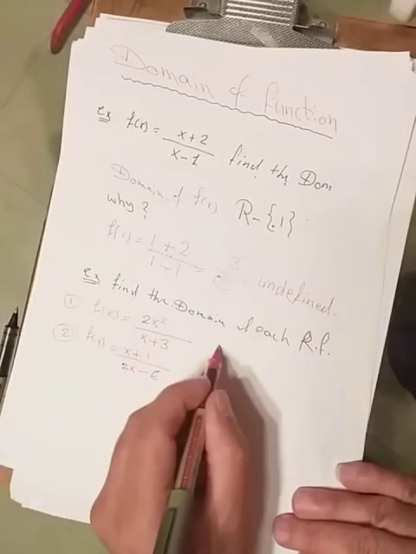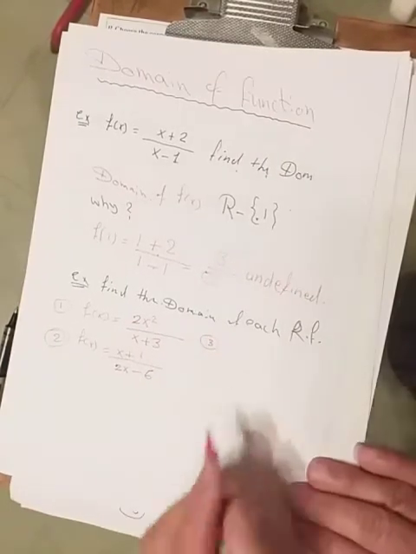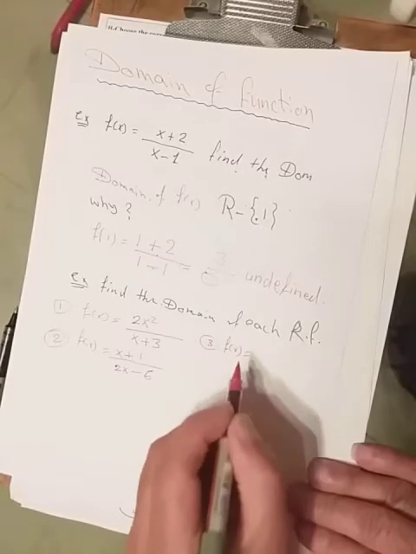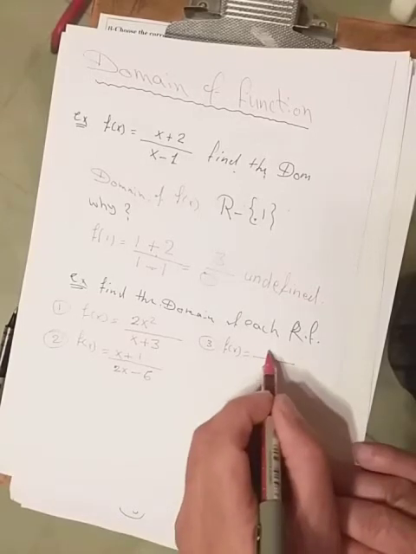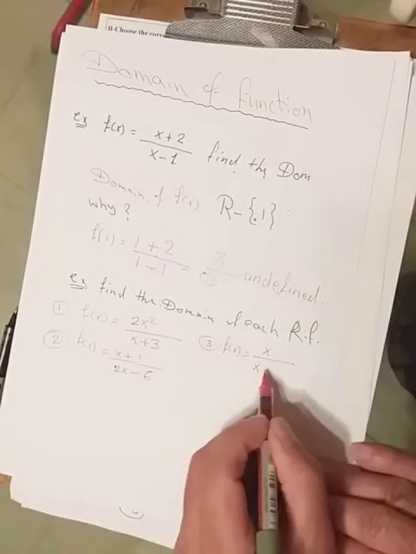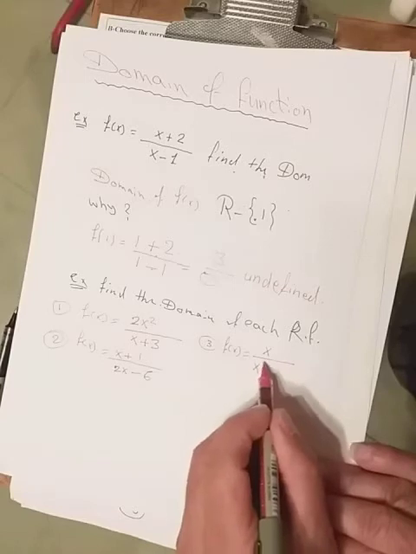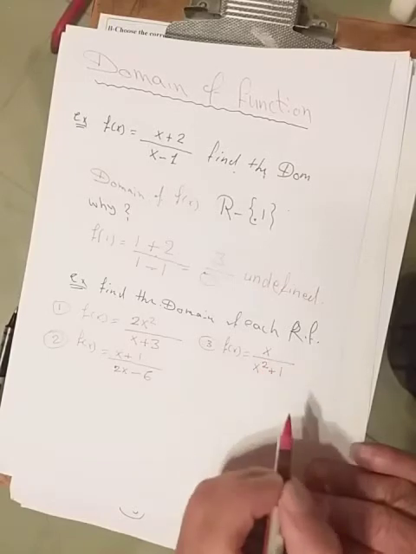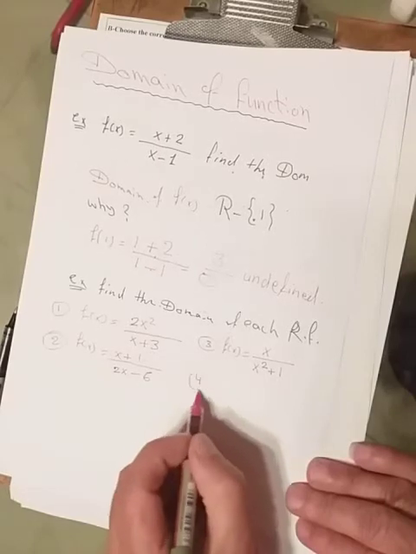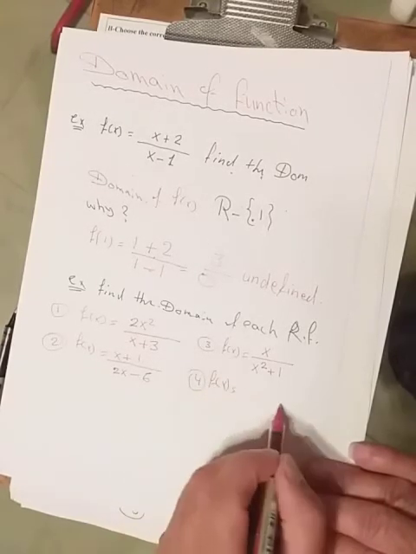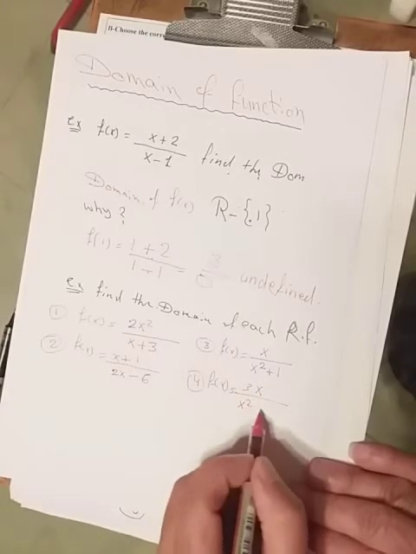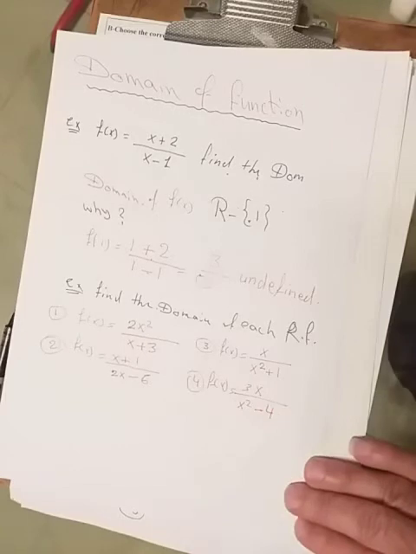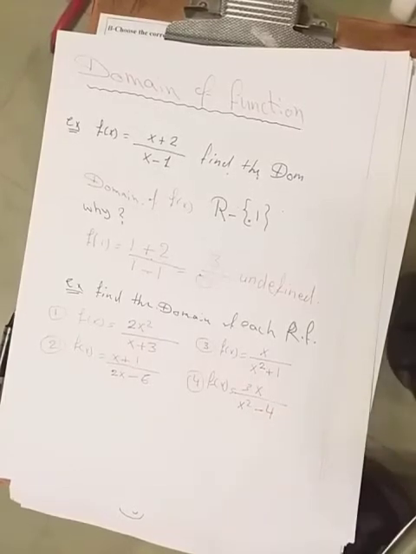Three: f of x equals x over x squared plus 1. Four: f of x equals 3x over x squared minus 4. Find the domain of each function.